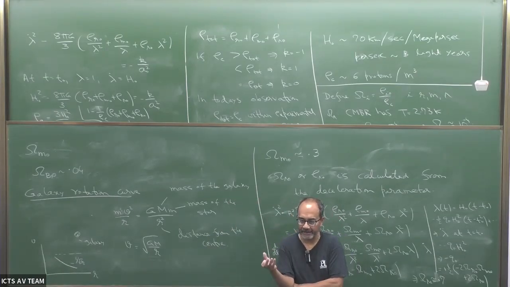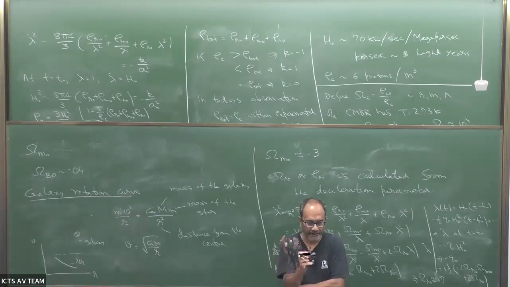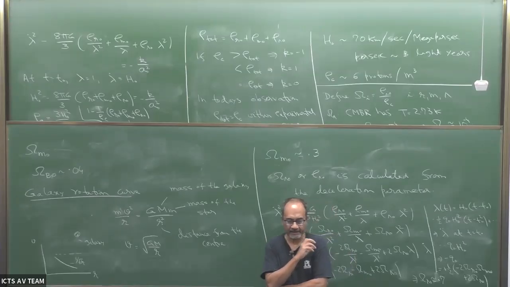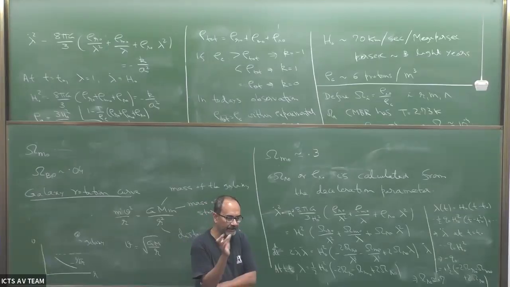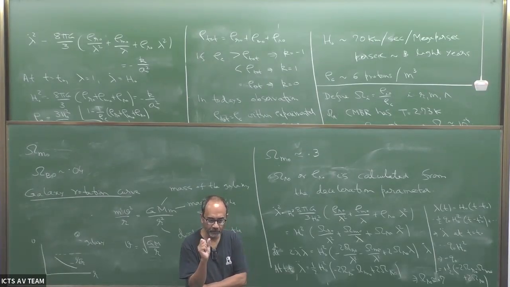For A0 to be very large. That means the sum of all the omegas should be equal to 1. And what we are saying is that with our current experimental understanding, the sum of these 3 omegas is indistinguishable from 1. Which means the sum of the 3 densities is indistinguishable from critical density.